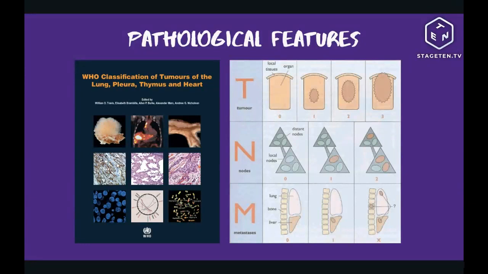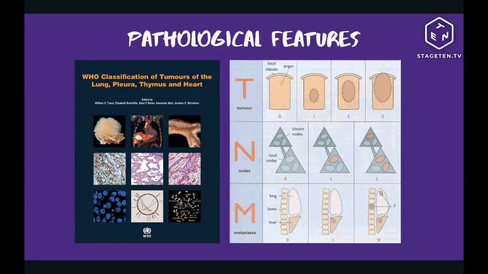TX goes for an unidentified tumor, so the examining specialist isn't sure whether the tumor is present or not. The Tis symbol means tumor in situ, so these are changes that are not affecting the basal membrane.